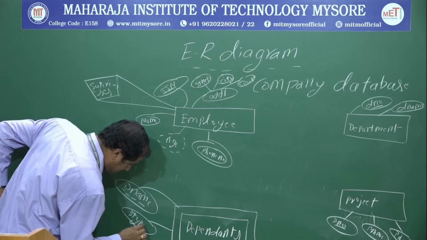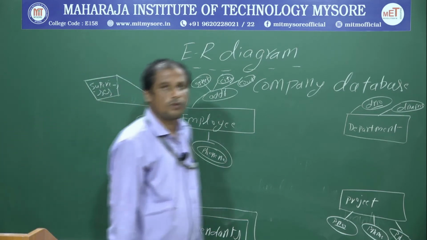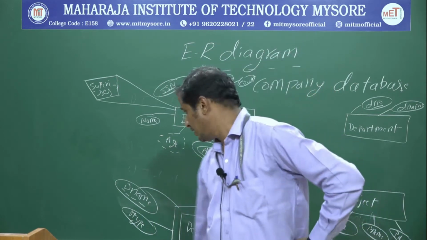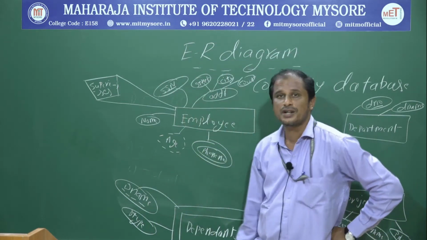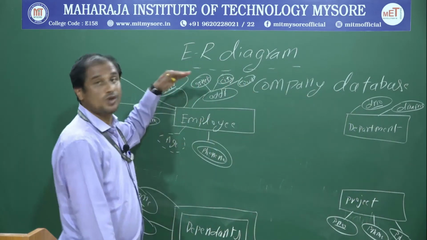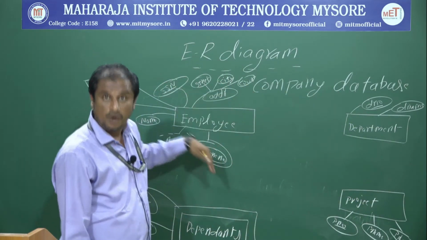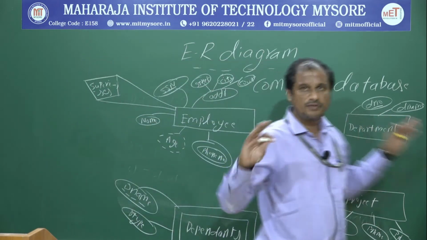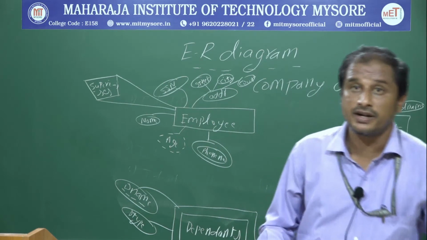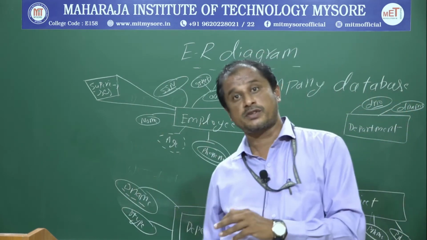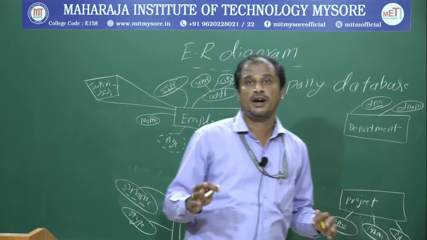Dependent type means father, mother, wife, son or children that an employee has. That is the partial key in a weak entity, which depends on the strong entity, employee, with the key SSN. So we identified the entities, strong and weak, with the different types of attributes and keys.